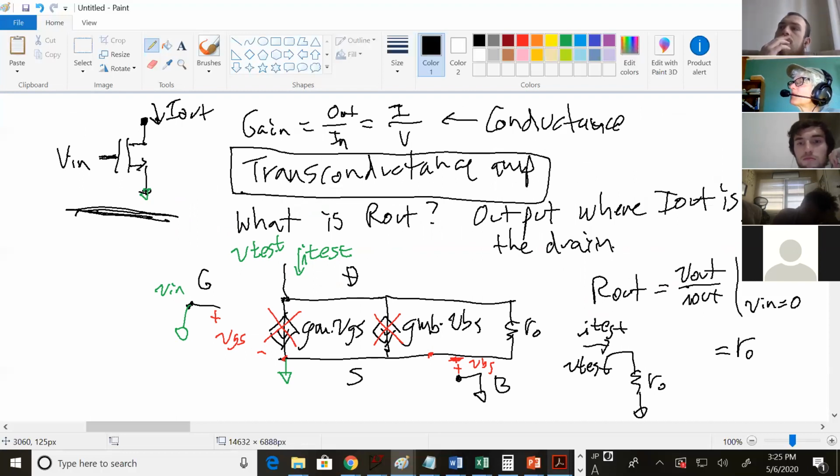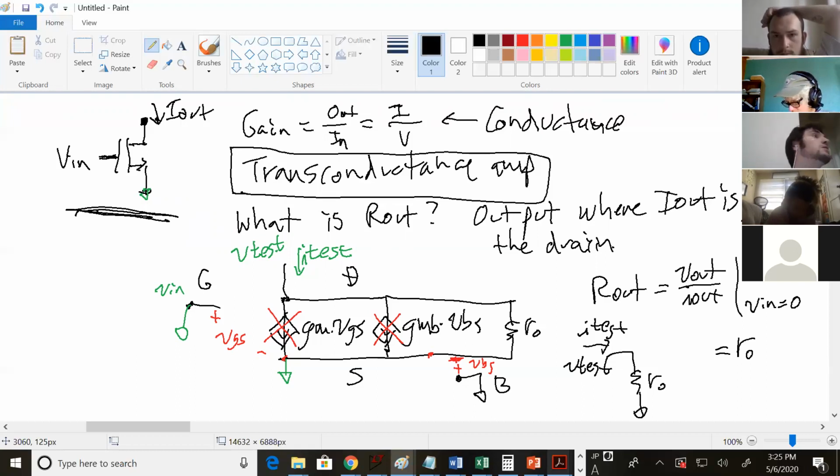If you remember, there's an equation to help you find the value of it in BJTs. Do you remember the equation for RO? VA over IC. This is a MOSFET, so it's a little bit different, but VA over IC, that's pretty darn big. VA could be 100, and then if you're at 1 milliamp, that's 100,000.